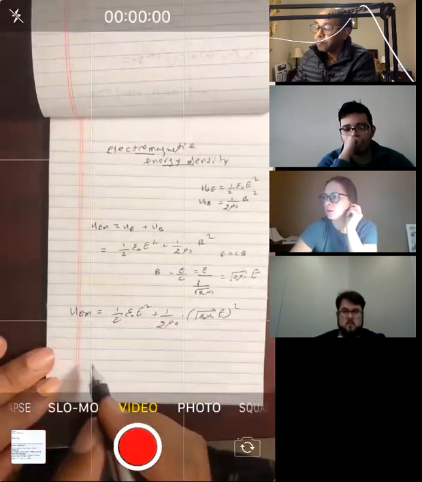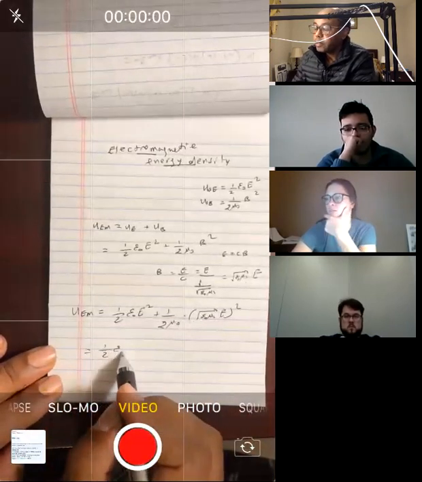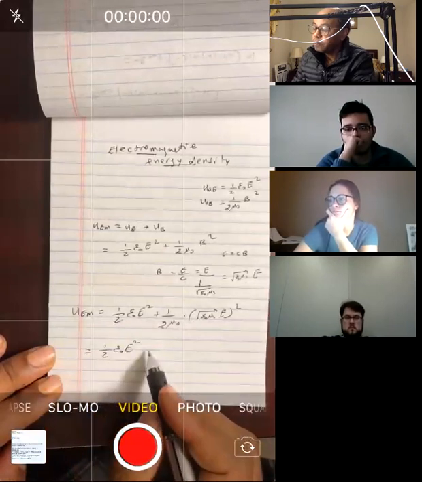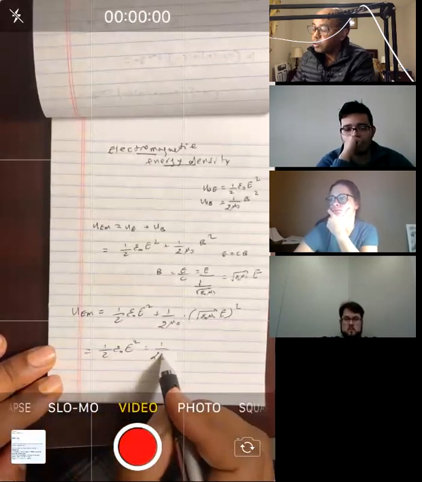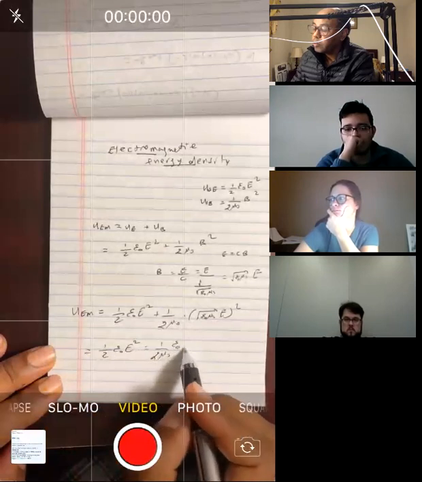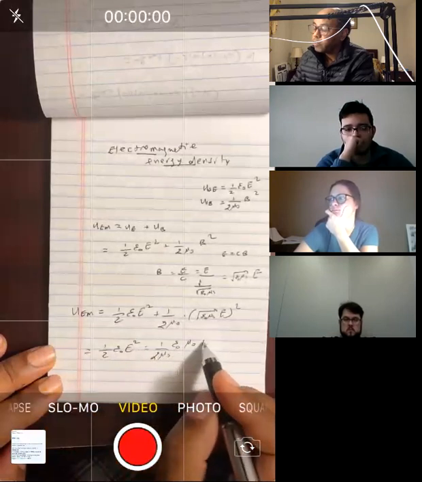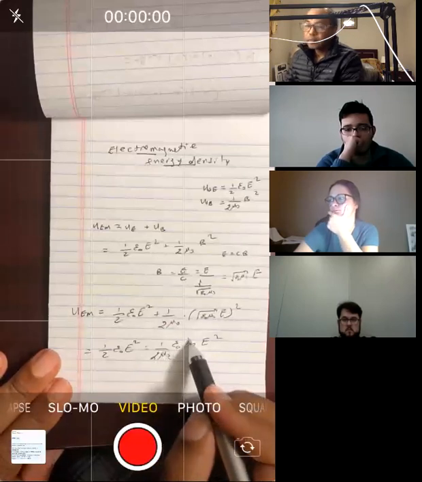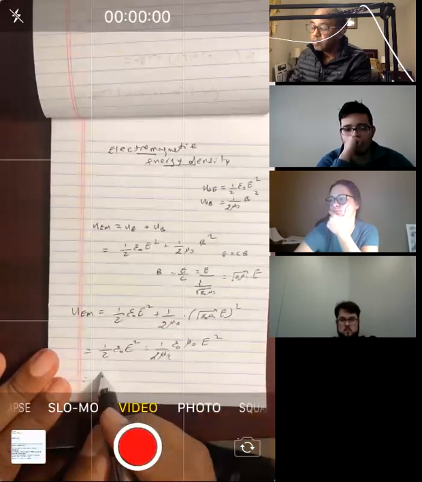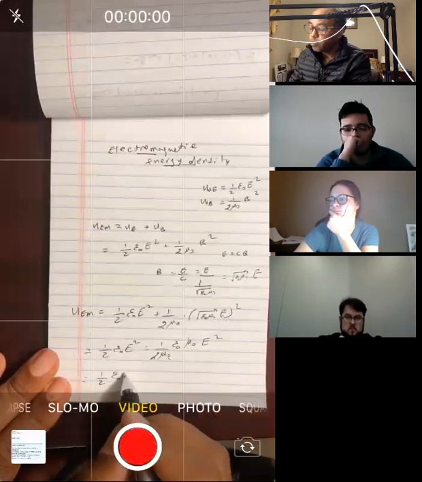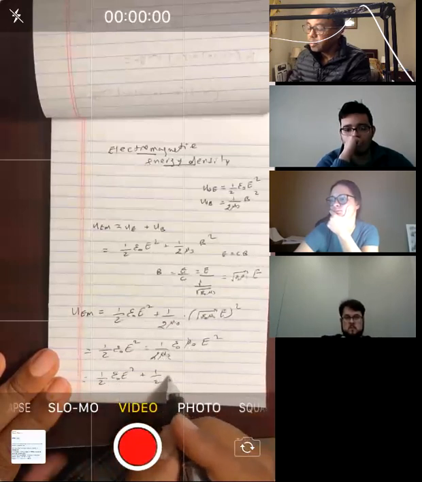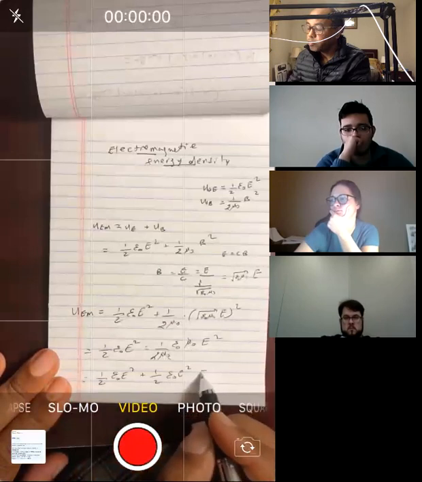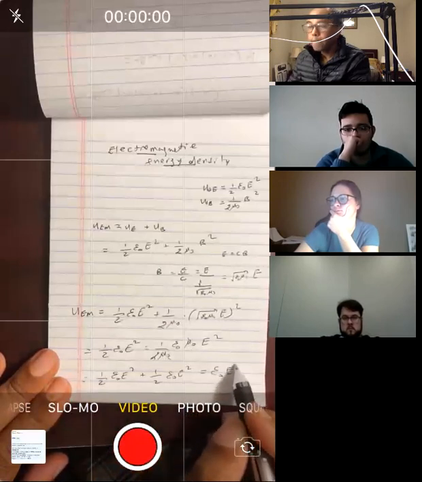So what do you get? We have half epsilon E squared plus 1 over 2 mu naught, and then you've got epsilon times mu naught over here, and then E squared over here. So you see, mu naught cancels out. You've got half epsilon E squared plus half epsilon E squared, which is a full epsilon E squared.